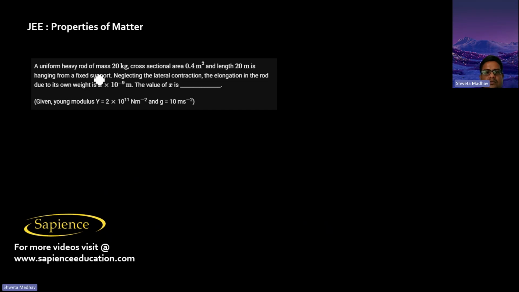And it is told a uniform heavy rod. Uniform heavy rod is there, it is of mass 20 kg, and the area of cross section that is 0.4 meter square, and the length that is 20 meter is hanging.